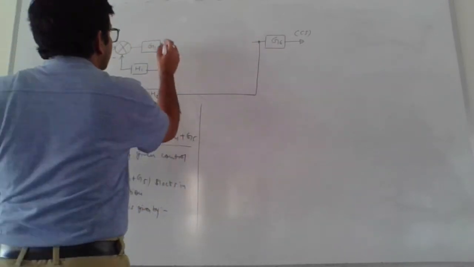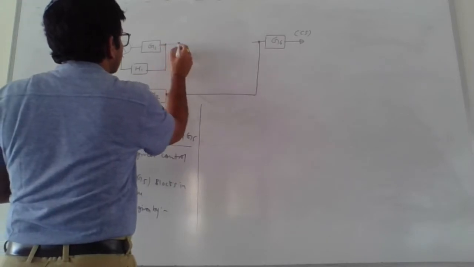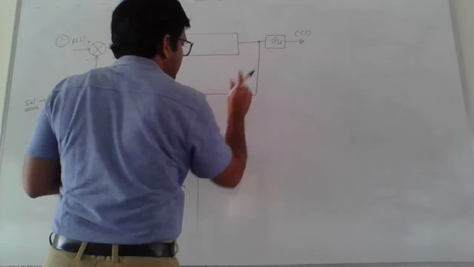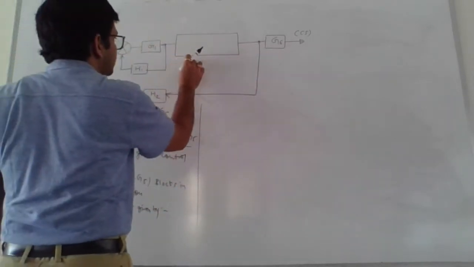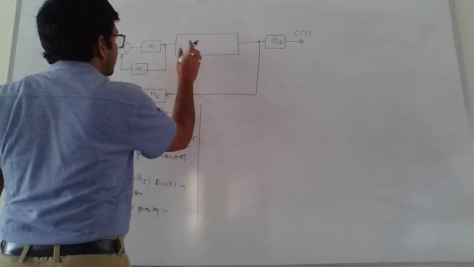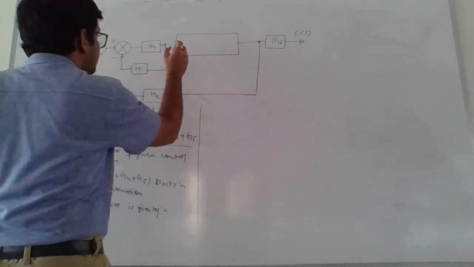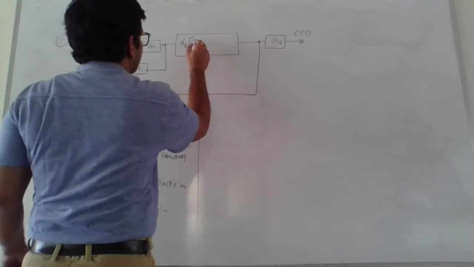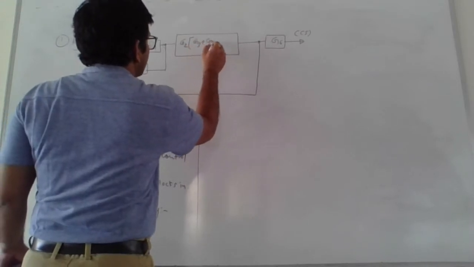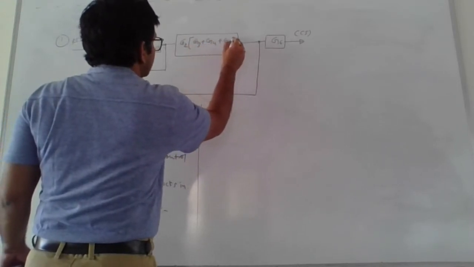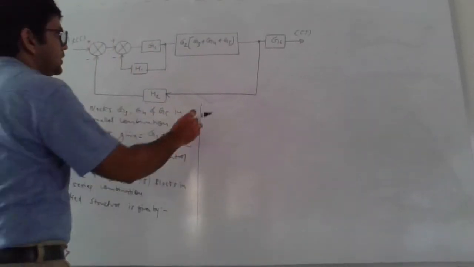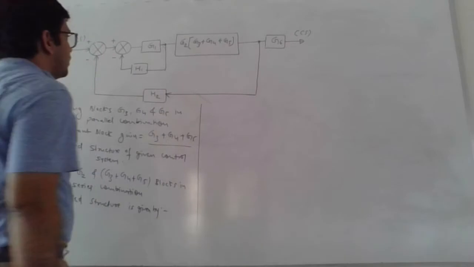So here we are having a single block gain, rest of the thing is as it is, and the value of gain inside this block is nothing but the multiplication of your G2 in bracket rest of the gain, which is nothing but G3 plus G4 plus G5. So in this way we reduced the series combination and represent them by a single block gain.